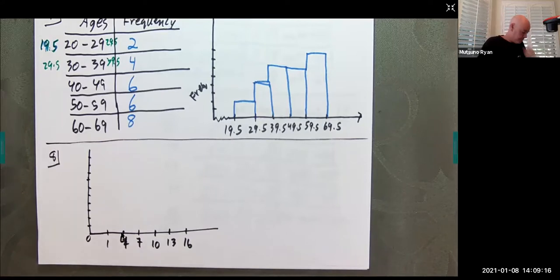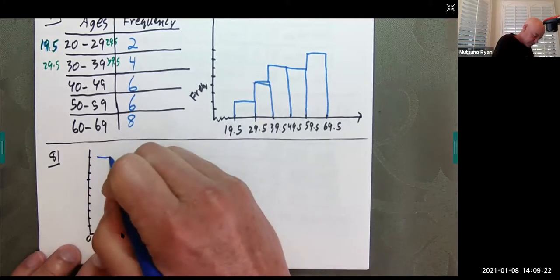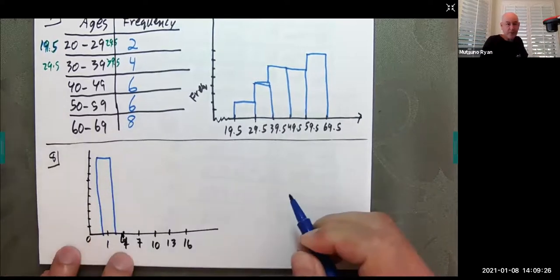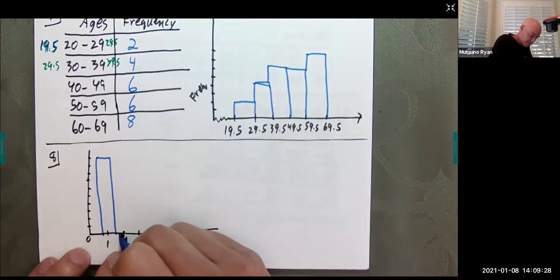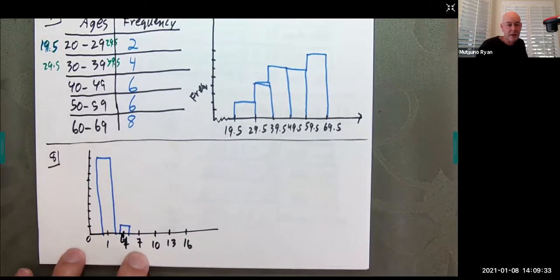So for a midpoint of days off of 1, we're going all the way up to 10. Wow. For 4, we only have 1. For 7, we're going up to 7.